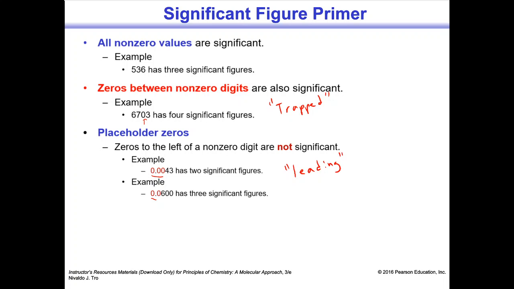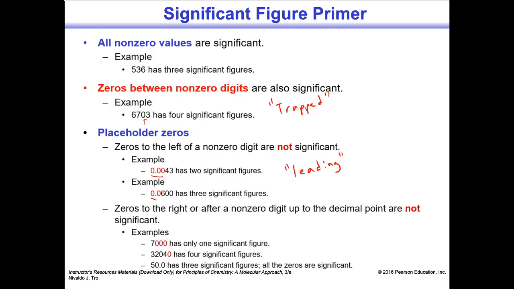In other words, all this is telling me is that this 6 goes into the hundreds position, it doesn't go into the tens position, and that 4 goes into the thousands position. That's all it's telling us. So if they're to the left of a non-zero digit, they are not significant, and they're often referred to as leading zeros.